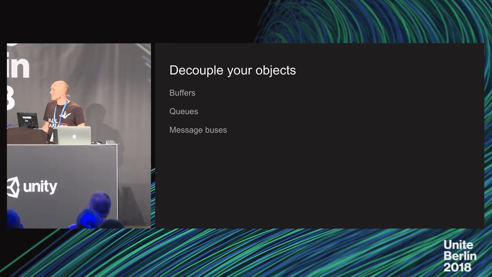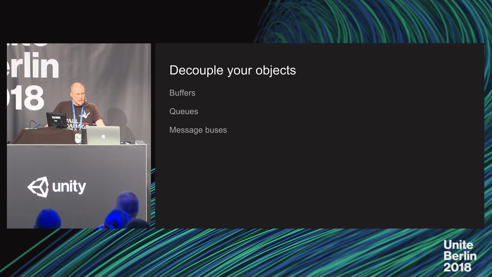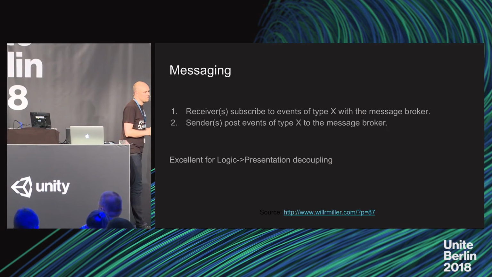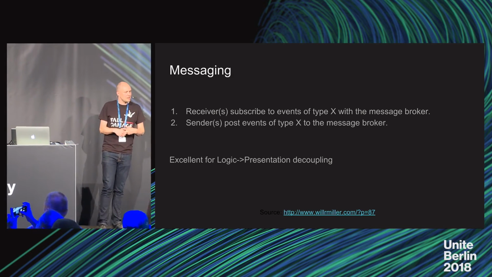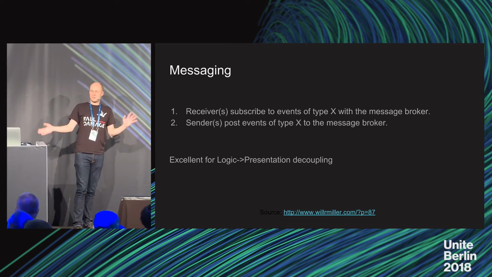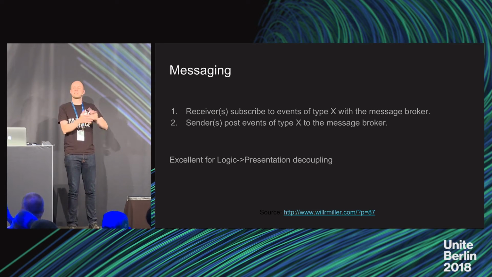Maybe our game is getting so big that it makes sense to have a message bus in there. Now, this message bus is a double-edged sword. But the core principle when you're doing messaging is that neither receiver nor sender knows about the other party. Rather, both of these know that there is a message system.